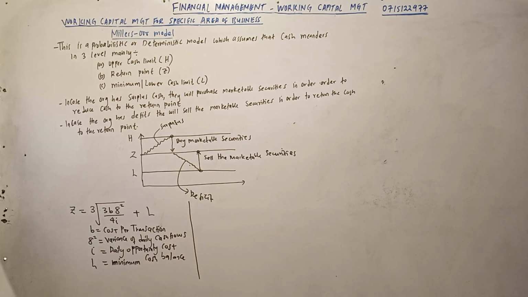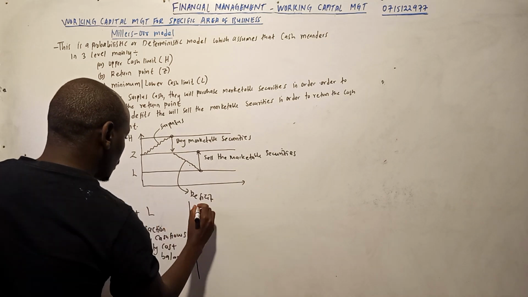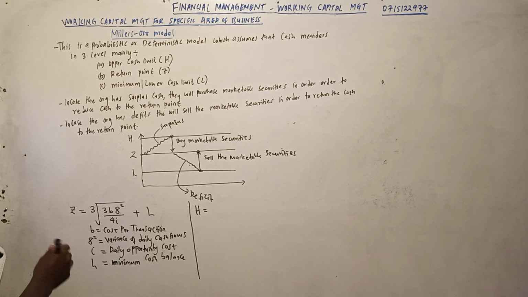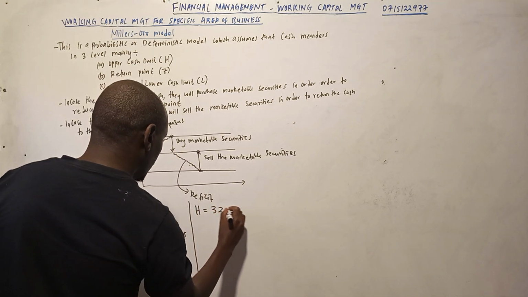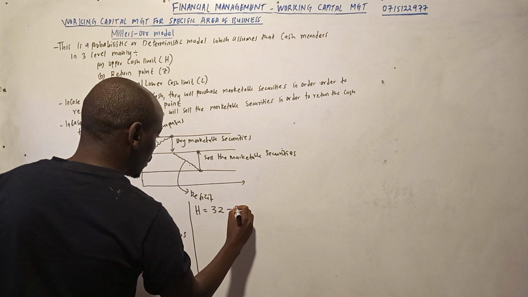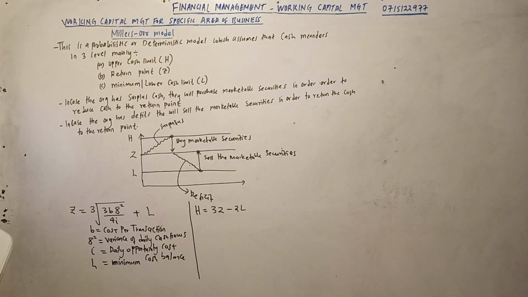That is formula number 1, the return point. Formula number 2, upper cash limit, which is H, equals 3Z minus 2L. So that is the formula for Z.